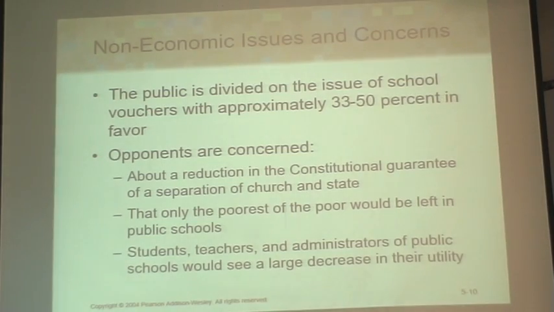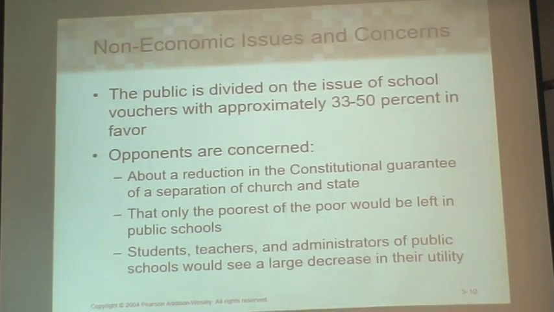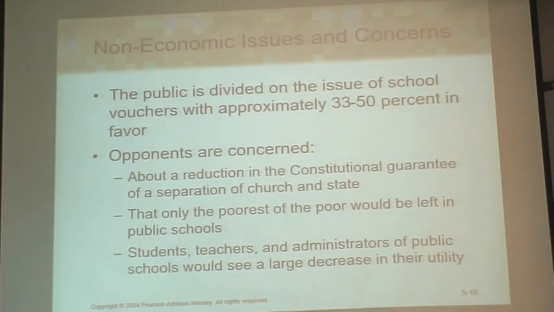Okay, so let me read a little bit here. It said, non-economic issues and concerns, okay? So, Democrats usually don't like vouchers, okay? Because some teachers don't like competition, right?